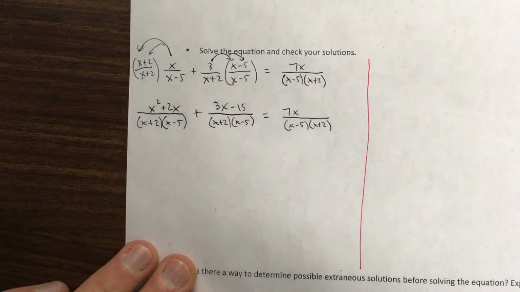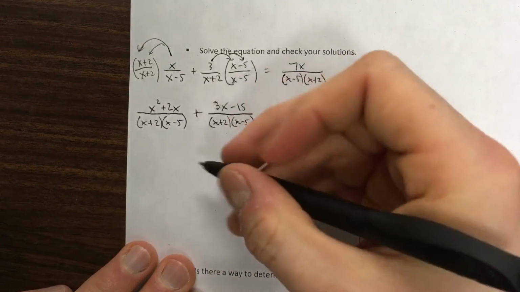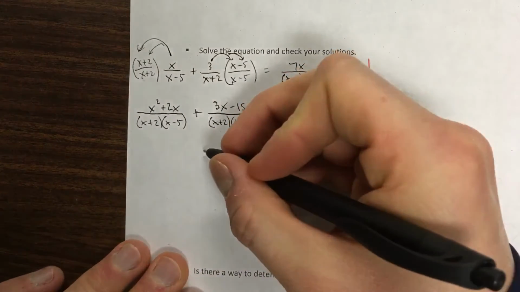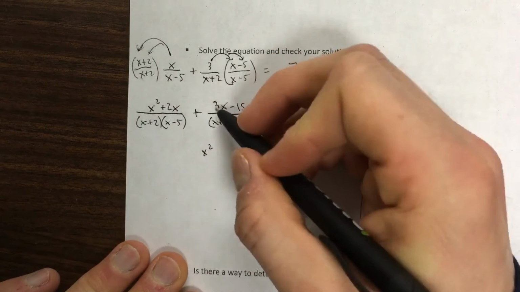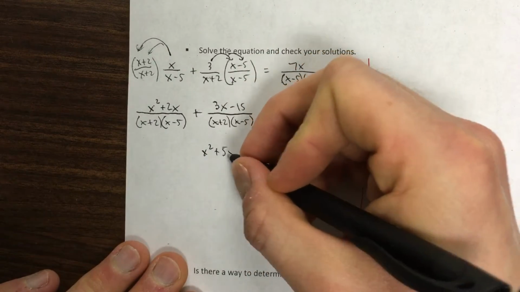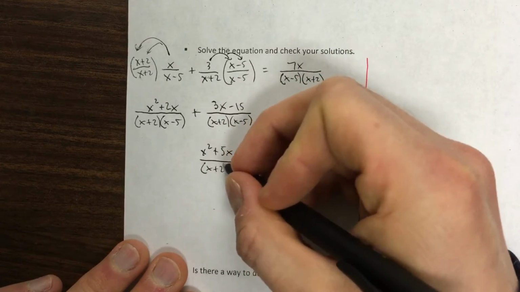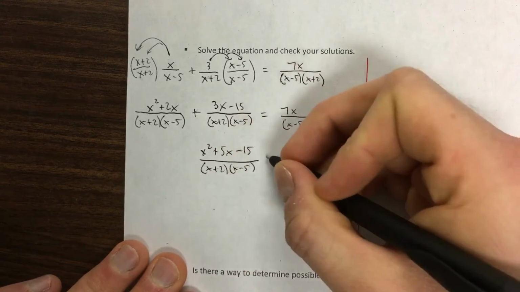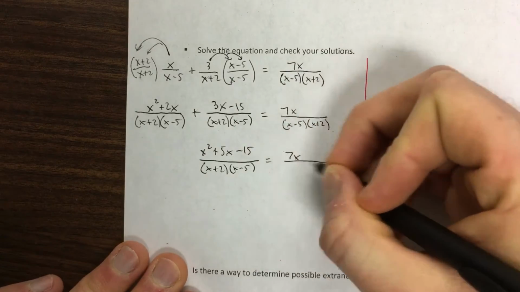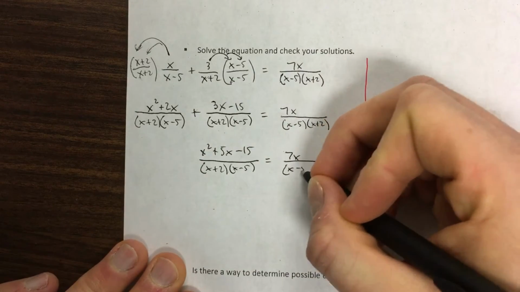Now on the left-hand side, we have a common denominator, so we can add the numerators. X squared, 2x plus 3x would give us 5x minus 15, all over x plus 2, x minus 5. And on the right, x minus 5, x plus 2.